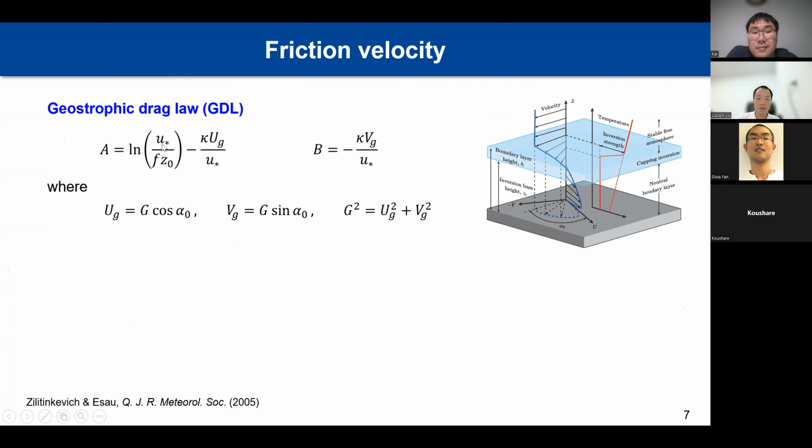It is usually related through the so-called geostrophic drag law. Actually, this law also exists for pipe flow. The GDL was derived first for the truly neutral case, and in this case, the coefficients A and B are universal constants.